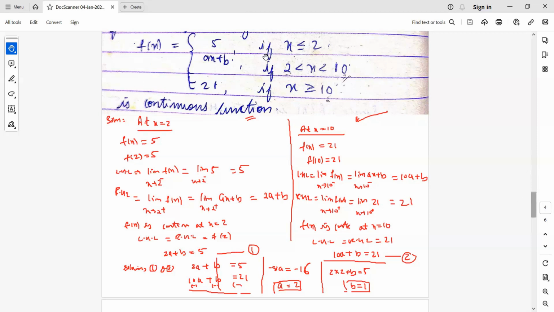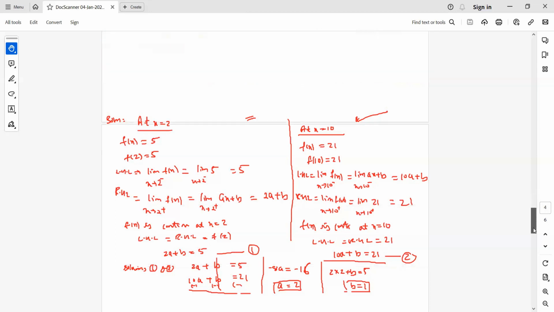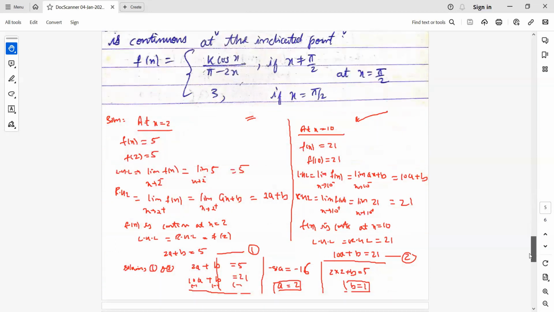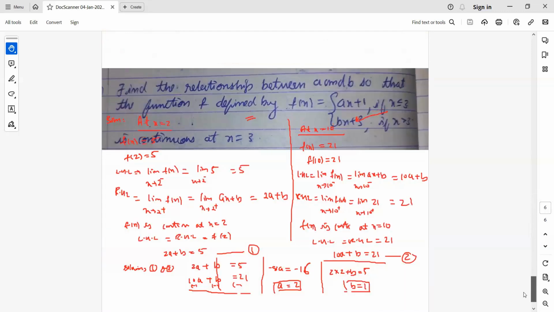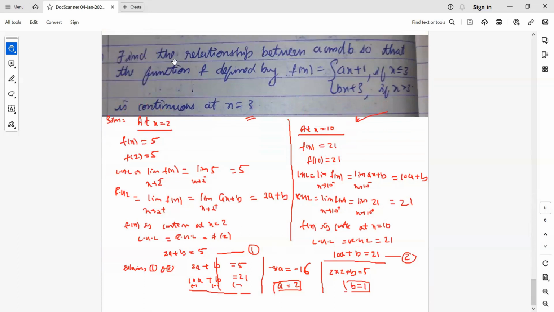Yes, okay. Next we will continue, with a very important example here. Similar to this, I will be discussing the 5th question. The 6th question, which is getting displayed on the screen, is: find the relationship between a and b so that the function is continuous.